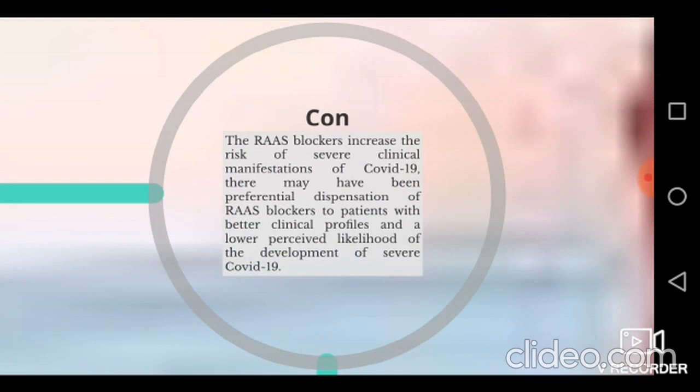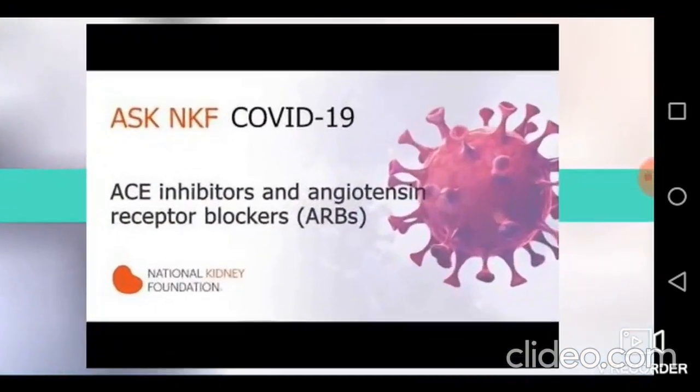There might have been preferred dispensation of RAS blockers to patients with better clinical profiles and a lower perceived likelihood of the development of severe COVID-19. Next, we will see a video.